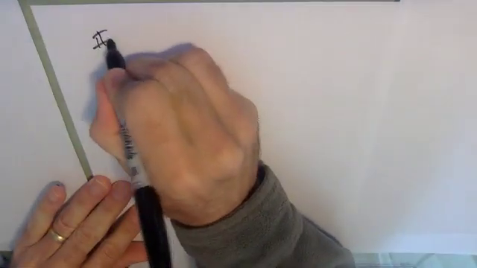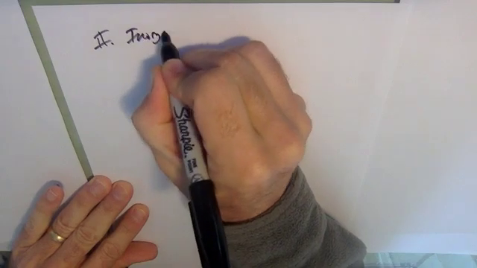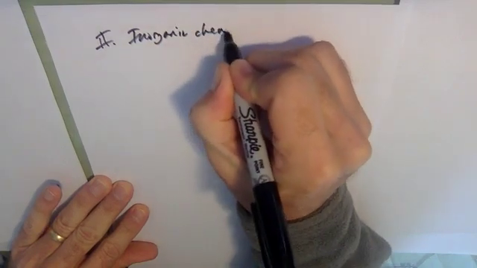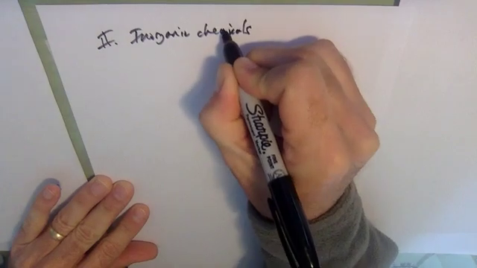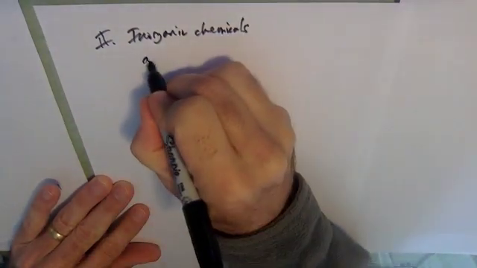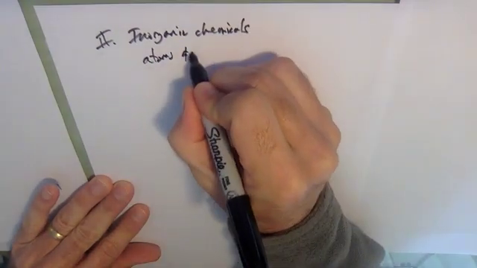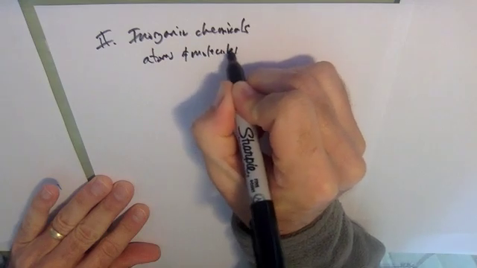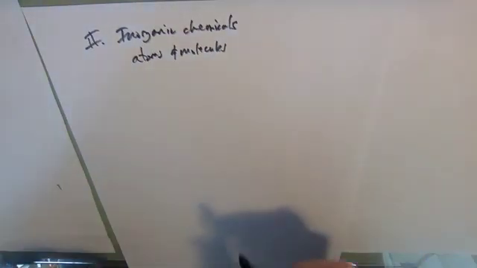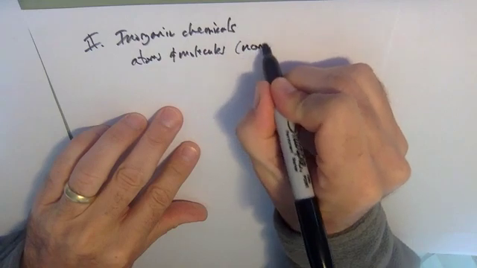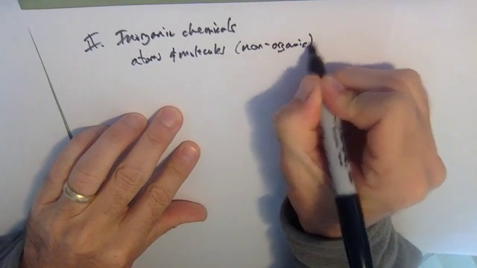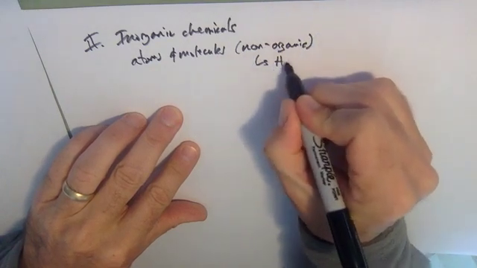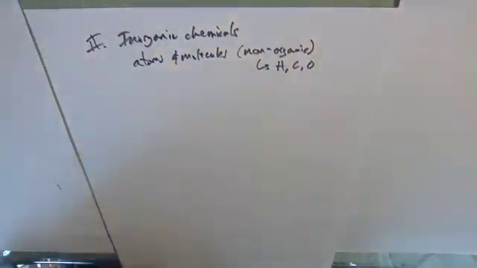All right. In terms of inorganic chemicals, what we're thinking about here are the atoms and the molecules that are non-organic. So organic would mean, right, they're made of the hydrogen, carbon, oxygen, that sort of thing.